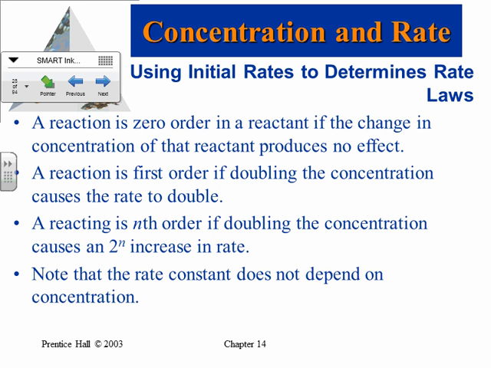Okay, so you could put any number in there. It's second order if it causes a 2 to the second increase, or quadruples it. It's third order if it increases it by a factor of 8. Okay, 2 times 2 times 2 is 8. So that's how you figure out something higher than a first order.